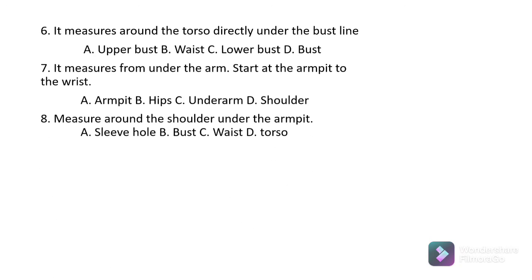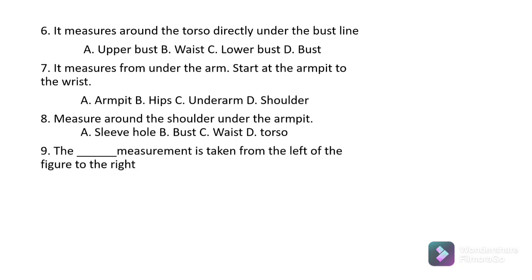Next, measure around the shoulder under the armpit. Is it A, sleeve hole, B, bust, C, waist, or D, torso? Number 9. The blank measurement is taken from the left of the figure to the right.